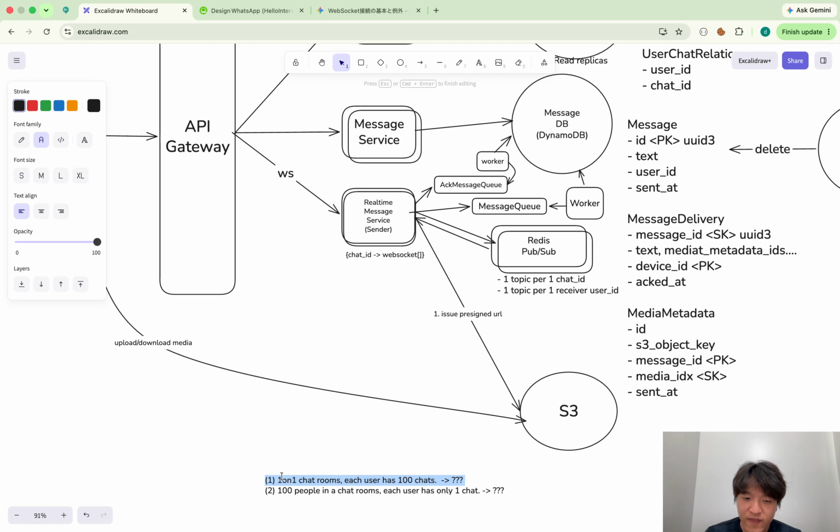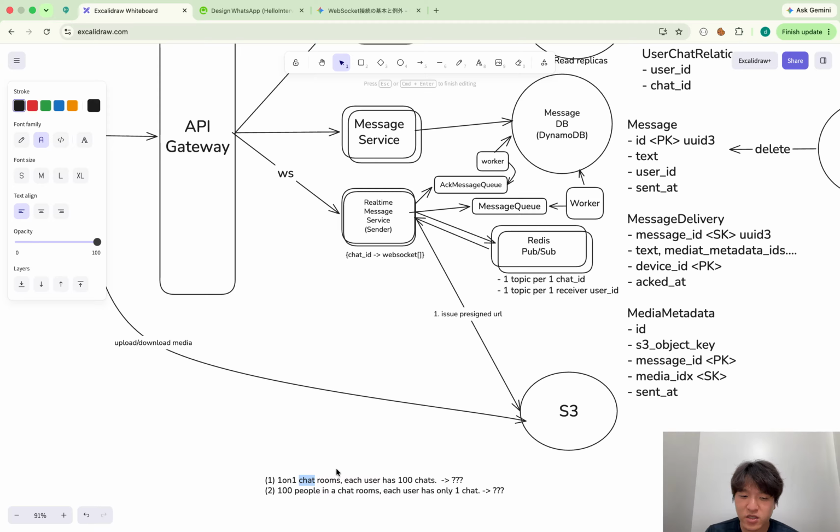And the second scenario is the chat room is so big, like 100 people inside of it, but each user has only one chat, which means that the number of chat rooms is small. So I will think of these two kinds of extreme scenarios.